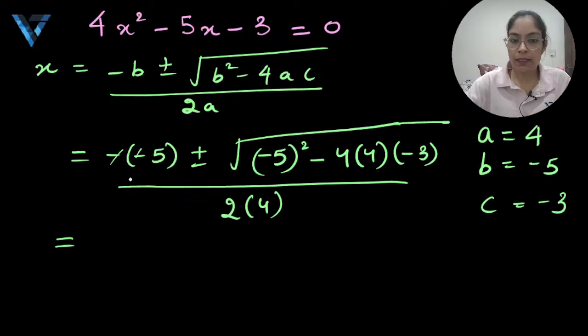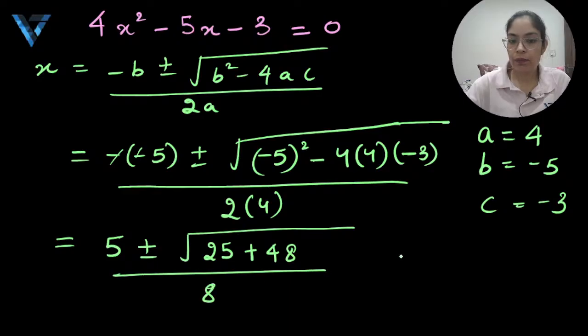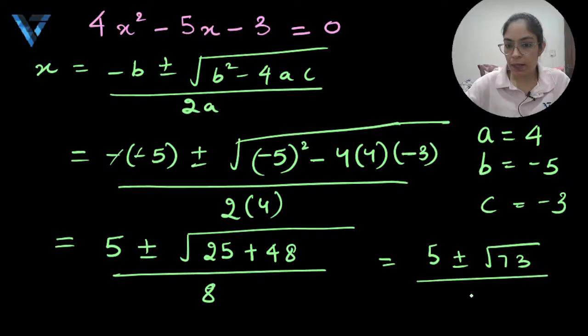Here minus and minus signs get cancelled. So 5 plus or minus square root of 25, since the square of a negative is always positive. Here two minus signs are there, so this becomes plus 4 into 4, 16 into 3 is 48, by 8. When we add, we get 5 plus or minus square root 73 by 8.